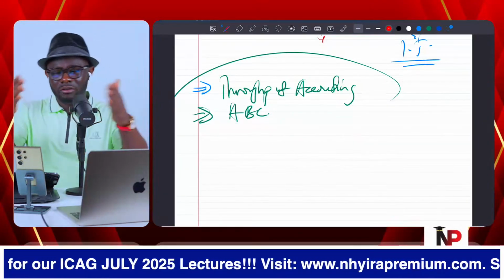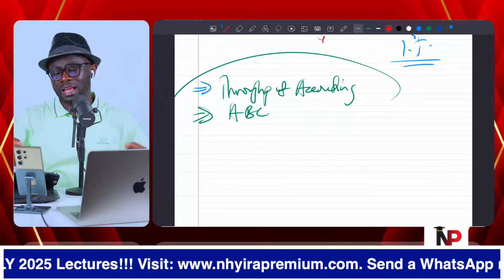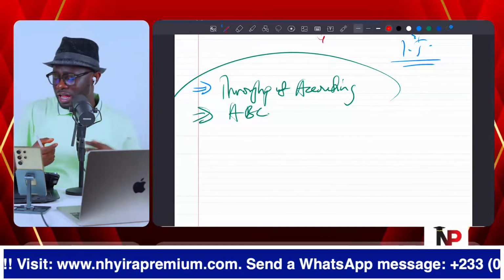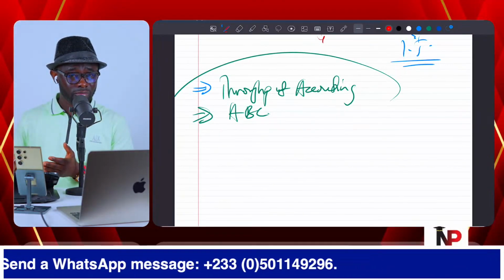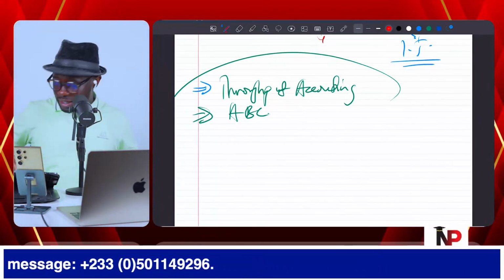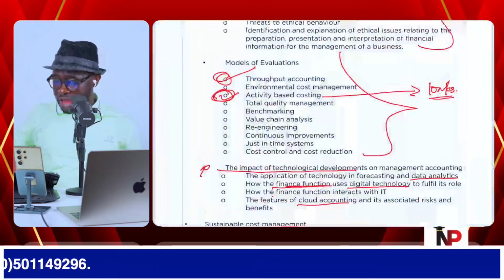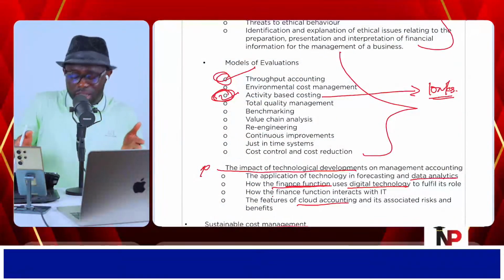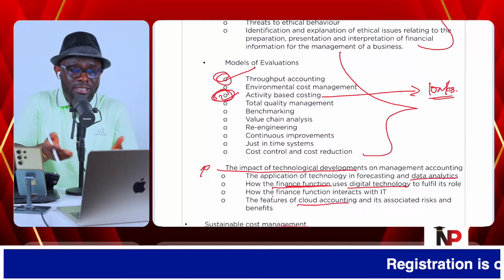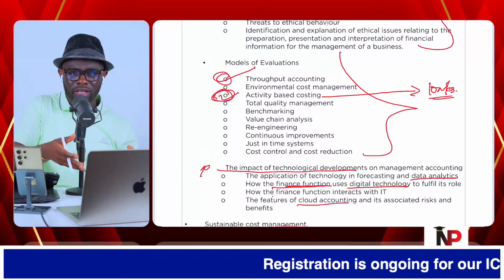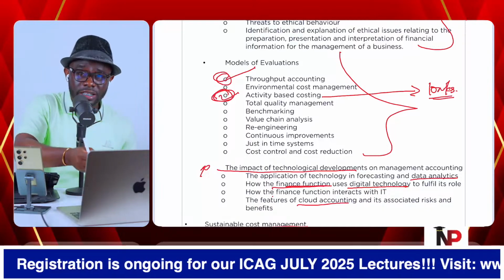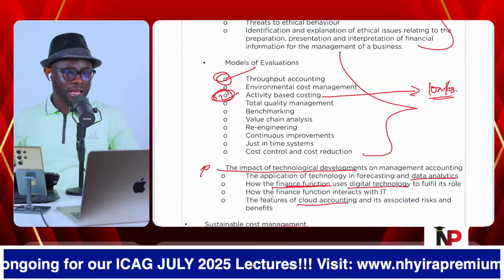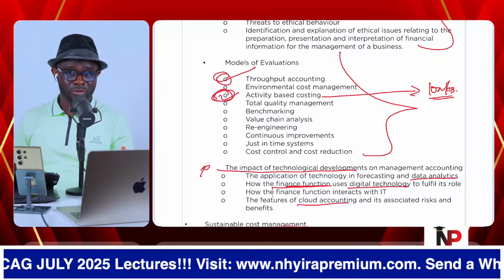Oh, Nhyira, the reading is a lot. So what do you want to do? What do you want? There's no shortcut. It's not like there is a way that you can learn these theories, value chain analysis. No, there is no way. You have to read them. And so if you don't enjoy reading so much, then our portal is going to help you. Why?